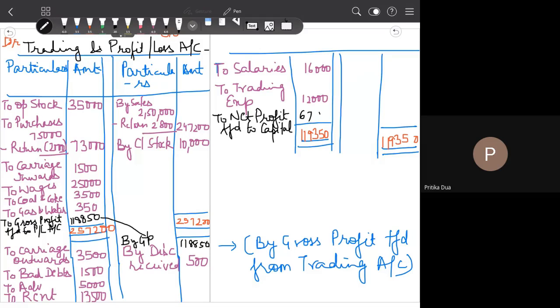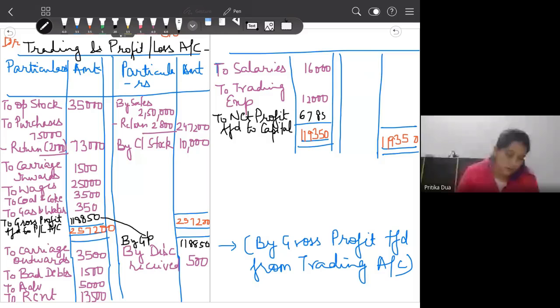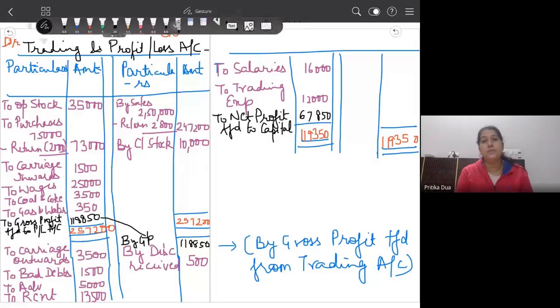Is this the answer coming? Just check once. You can use the calculator here. Yes. So you're getting your net profit as 67,850.